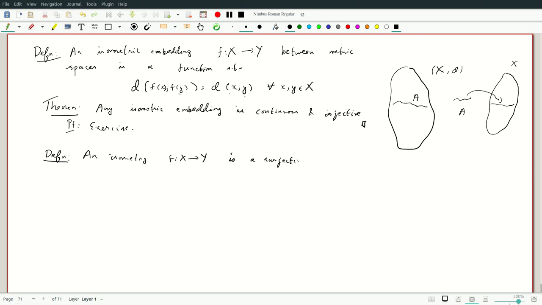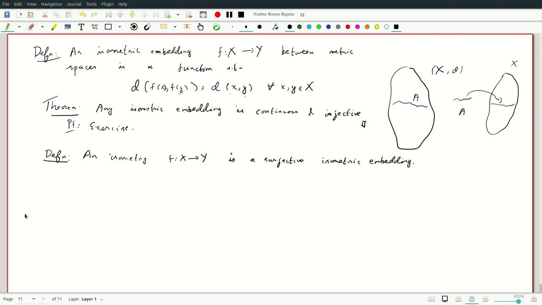Isometric embeddings are all automatically injective, but if it's a surjective isometric embedding, and hence bijective, it's called an isometry. So this preserves the distances. Then you should regard x and y as being the same metric space. They're isomorphic in the appropriate sense. More generally, one would like other notions of being the same, and that's what we'll look at next.